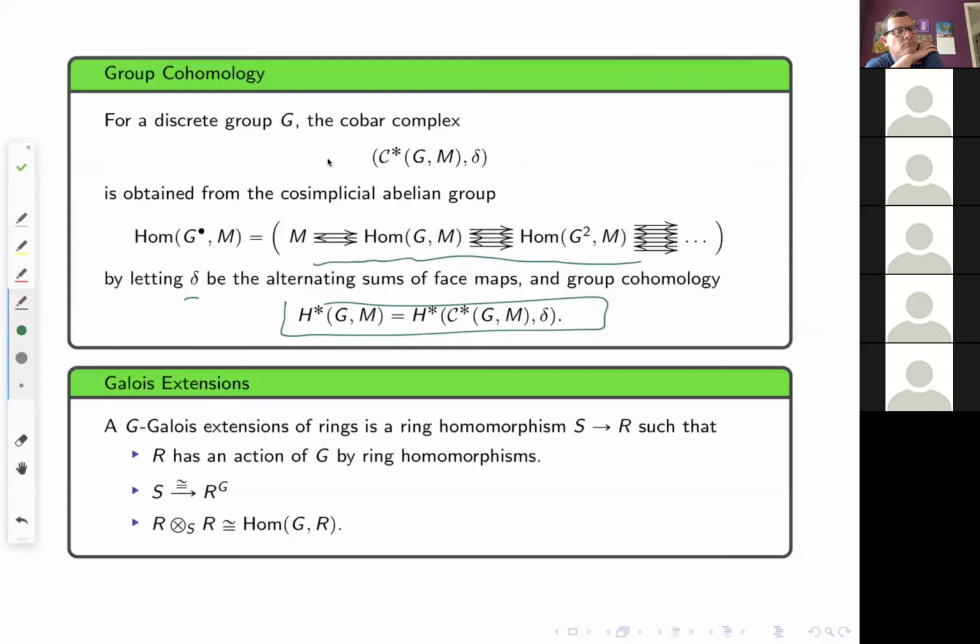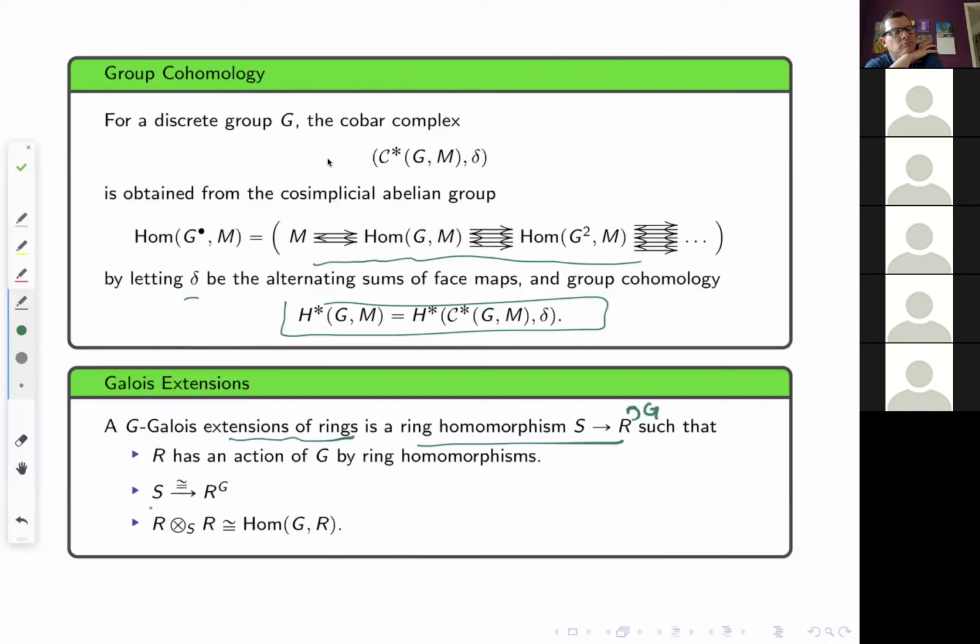Refresher or new definition two. What's a Galois extension? You know what Galois extensions are in algebra, with fields and so on, but these definitions have been generalized, so you can talk about Galois extensions of rings. So now I'm talking about honest rings. It's going to be a ring homomorphism from S to R, such that R has an action of G by ring homomorphisms, just like in the field extension case where the Galois group acts by field automorphisms.